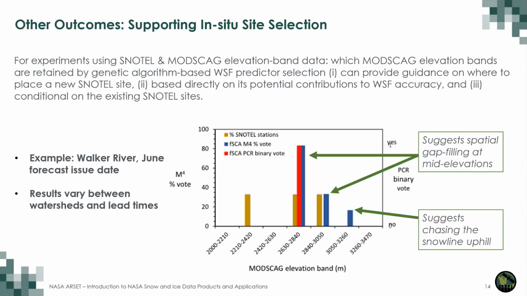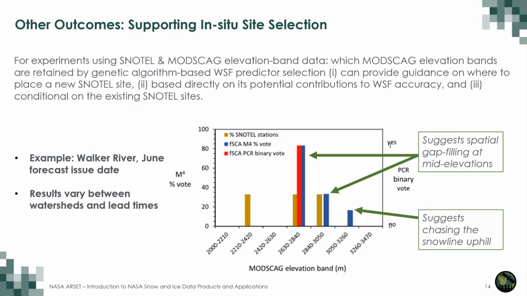wanted to use the satellite data. So what we see is that at the intermediate elevations, kind of mid elevations in the watershed, the linear and machine learning models both really want to use that satellite data.